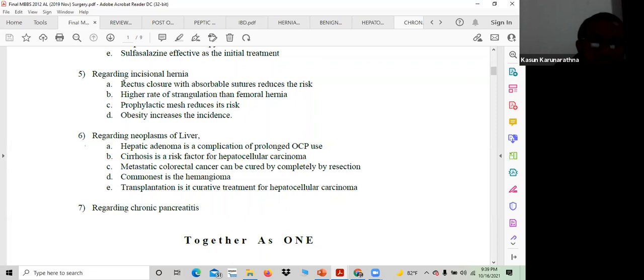Rectus closure with non-absorbable sutures reduces the risk. Usually, you should suture these fascias, rectus sheath, anterior and posterior layer with non-absorbable sutures, right? You don't suture with absorbable suture materials, because absorbable suture materials only retain the tensile strength for 2 weeks. Thereafter, they will degrade and tensile strength will be diminished, right? To get the complete wound healing process, it takes about 3 months, right?